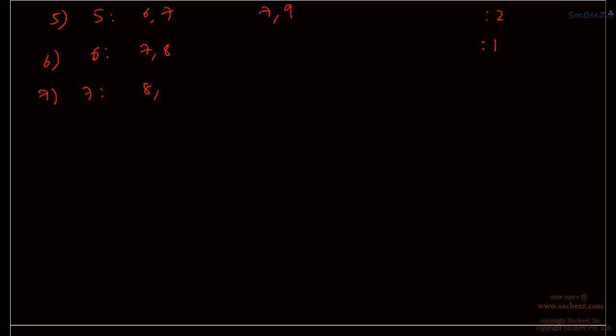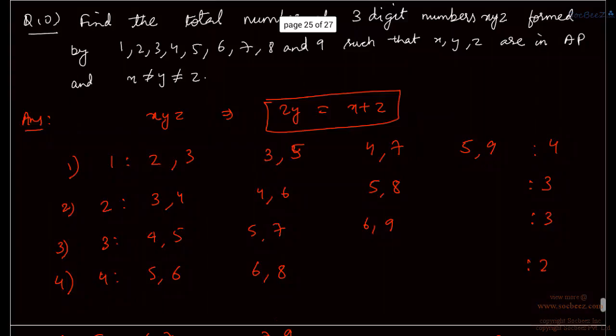For 7 we can also have another case, which is 8, 9, giving us 1. Right. So we see that since this is not a big problem, we can write this by taking different cases one by one, and you get this.